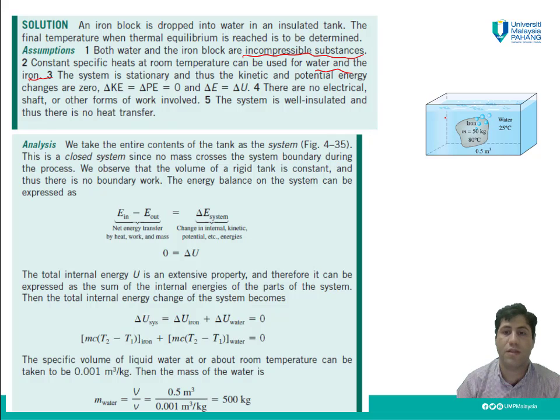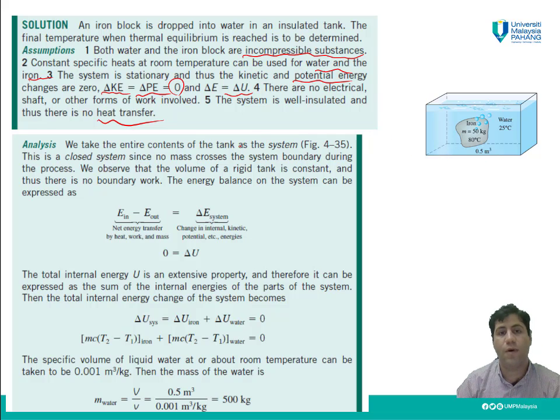We can also assume this: no movement, no elevation. So kinetic and potential energy, delta KE and delta PE, will be 0. Then the change in the energy of the system is only due to the change in the internal energy of the system. Also, there are no electrical, shaft, or other forms of work involved in this system. And the system is well insulated and there is no heat transfer for the system.